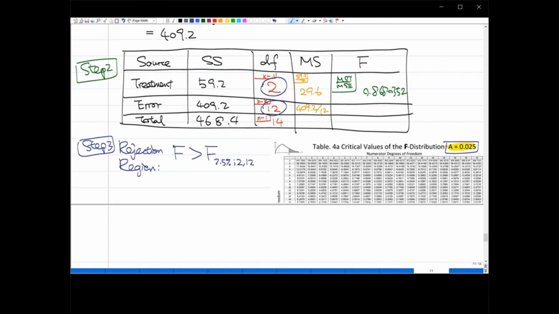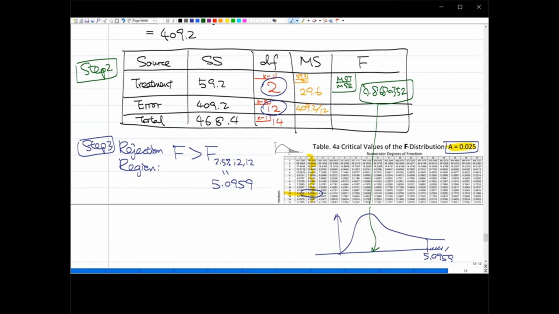Then you should be able to see that for 2 and 12 the value is 5.0955. So that means here is our rejection region, and our test statistic is somewhere here, I believe.